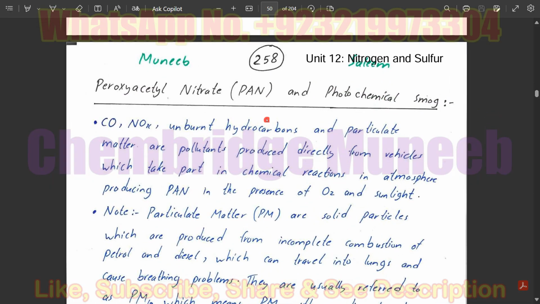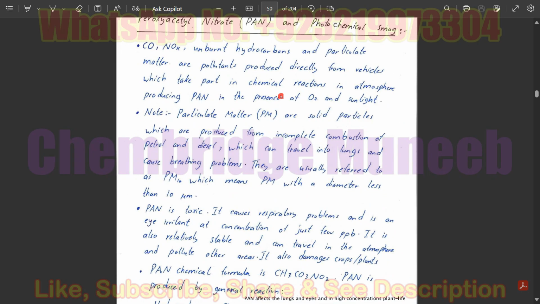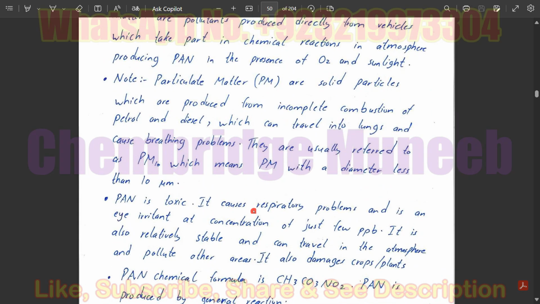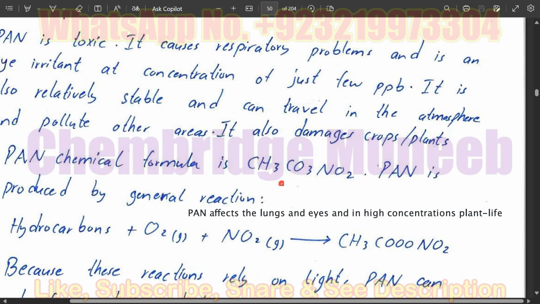Again, I can tell you that you can get my notes in PDF form by reaching me on my WhatsApp number or in the comment section. So peroxyacetyl nitrate, and its formula is given here. It is CH3CO3NO2. CH3CO3NO2 is the formula of the PAN, peroxyacetyl nitrate.